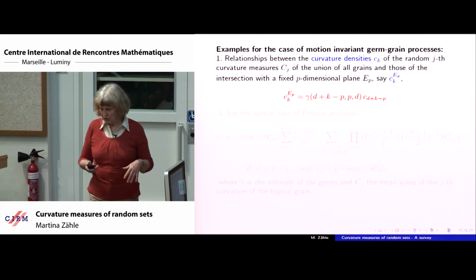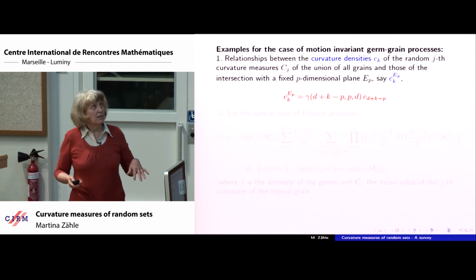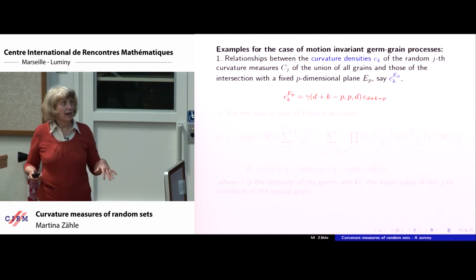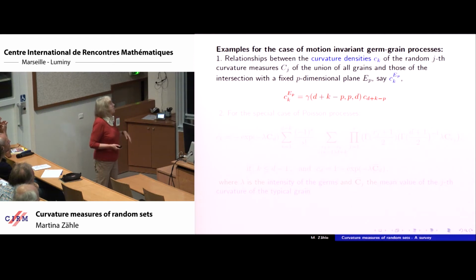C_k^(E_p) is the intensity of the kth curvature measure, which is locally finite here, of the intersection with the plane, and C_(d+k-p) is the corresponding intensity of the primary set. And this is for the corresponding relationship between the parameters k and j, say, on the right-hand side.